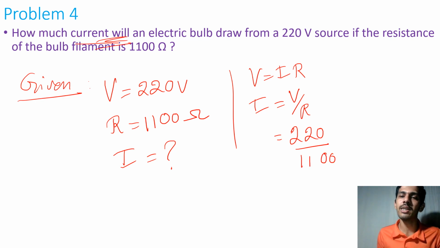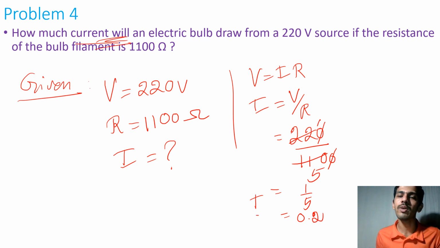So 22 divided by 110, which is equal to 1 by 5, which is equal to 0.2. It is current, so 0.2 amps is the answer.